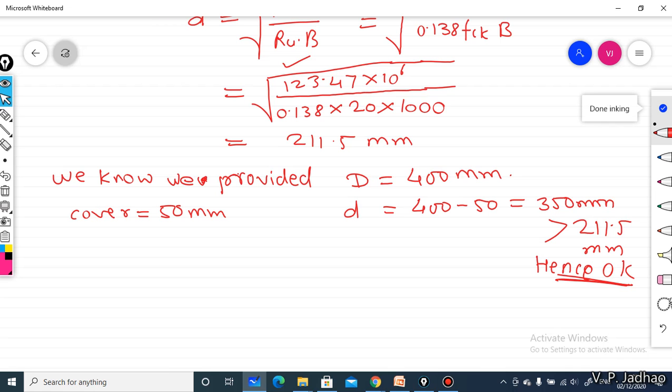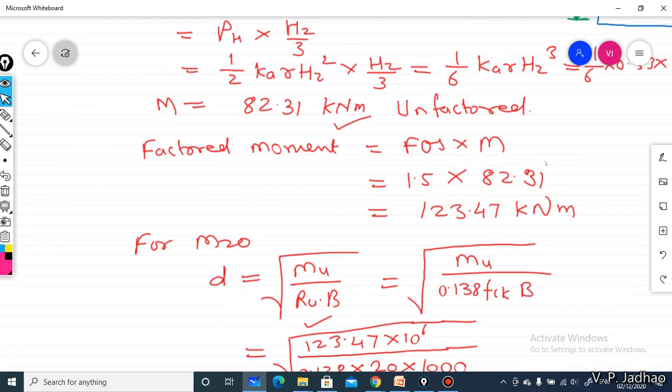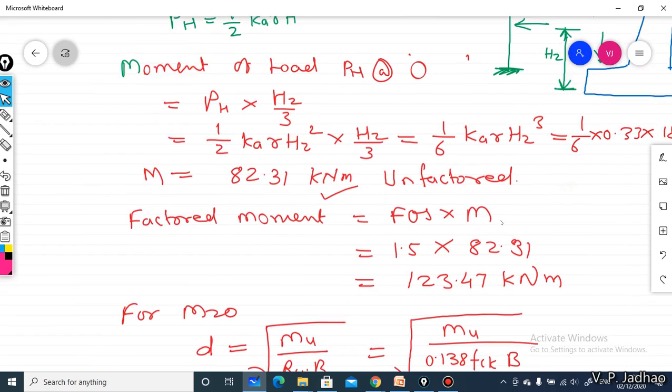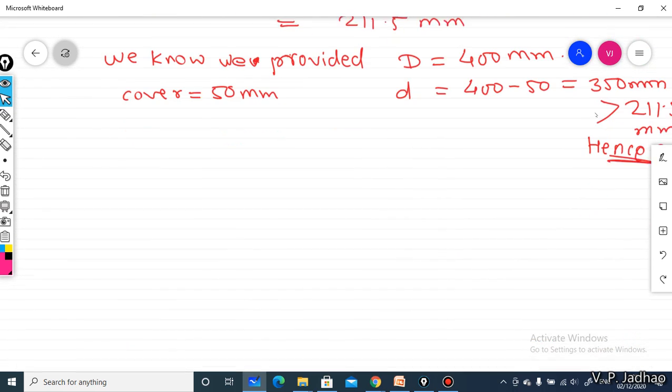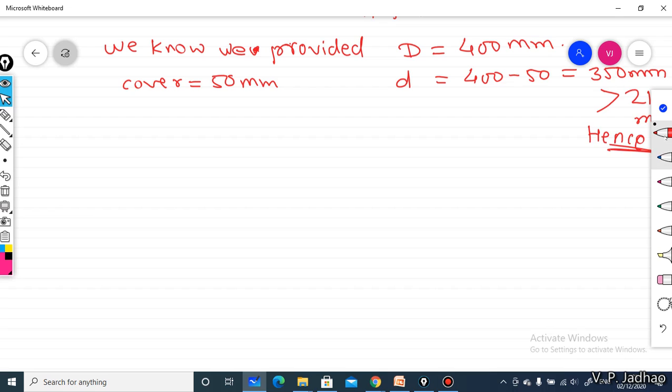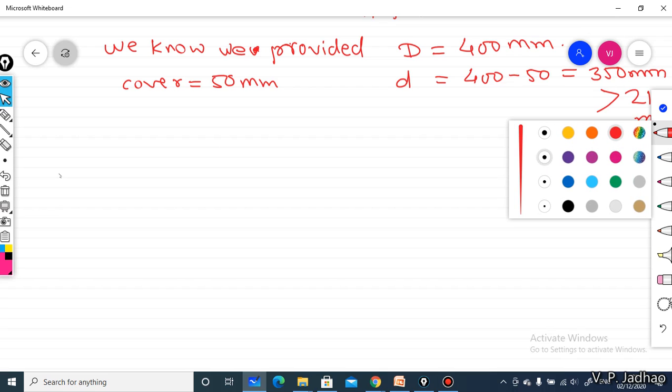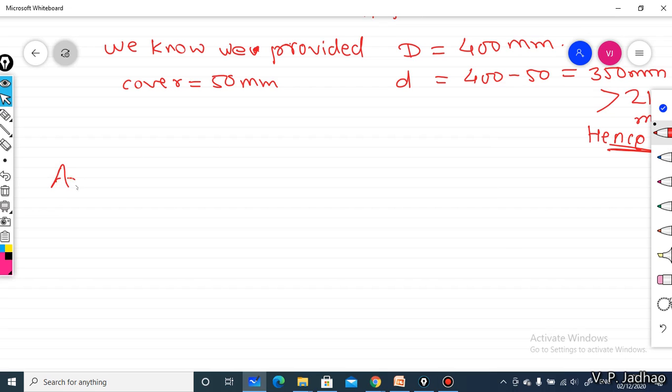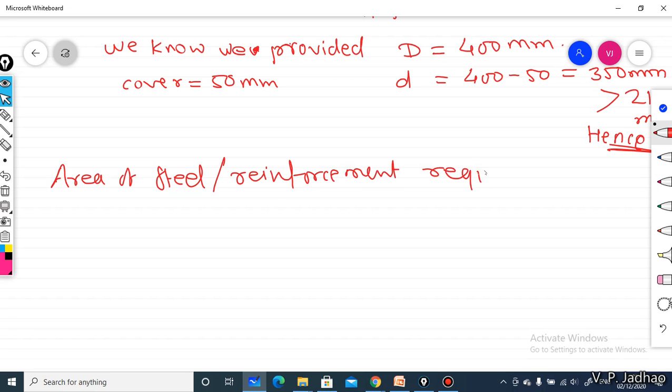Now we have to calculate the amount of steel required in this particular stem wall. We have calculated the bending moment, and now we have to calculate the area of steel reinforcement required.